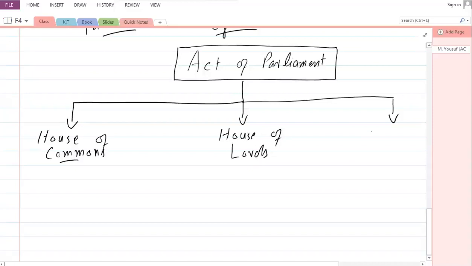Then there is a stage that is called Royal Assent.